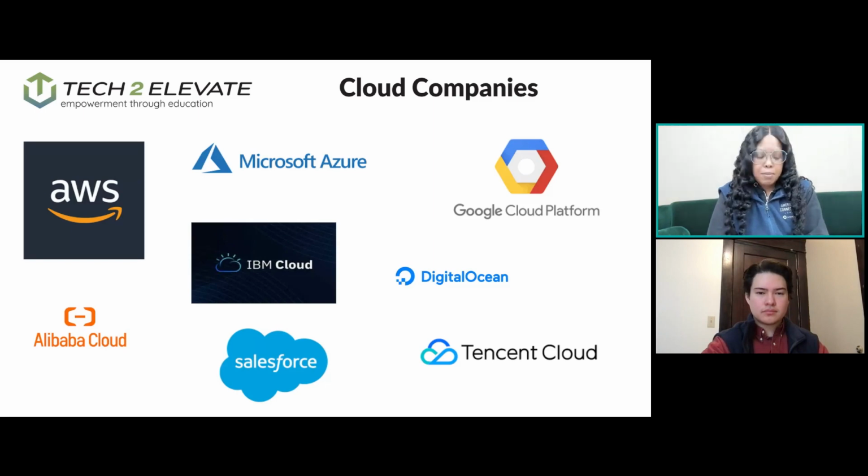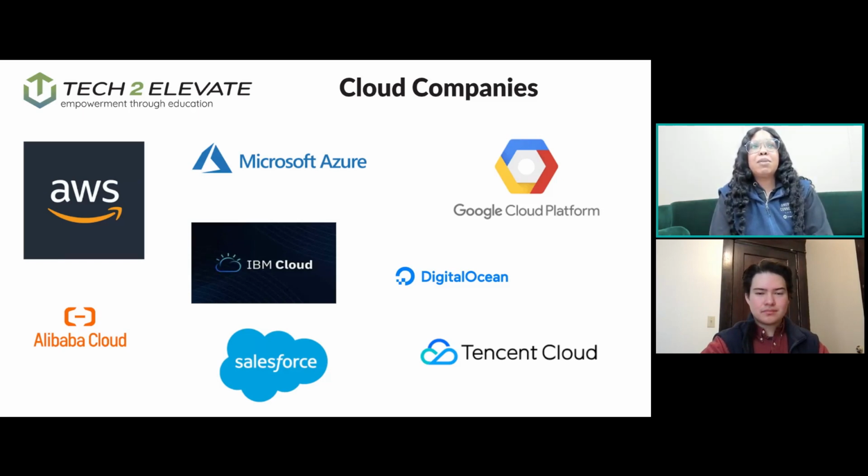And then second would be Microsoft Azure, and then third is the Google Cloud Platform. So right now, I believe that is the lineup. Things change, but I know AWS is definitely a big one.